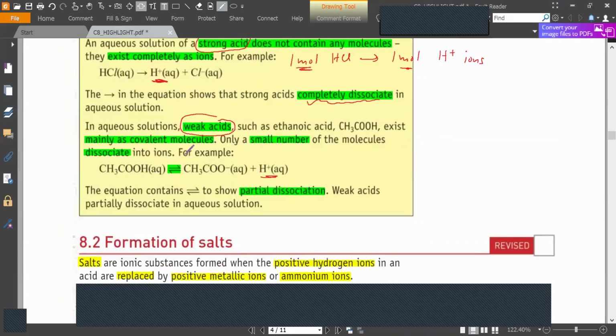For the weak acid, only a small number dissociate, partial dissociation. So let's say we put 1 mole of ethanoic acid, CH3COOH. Maybe it just gives us 0.01 mole of H plus ions. So it gives less H plus ion, so it's less acidic.